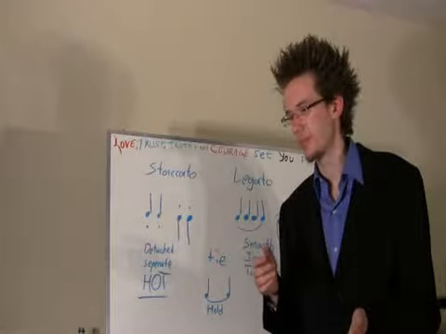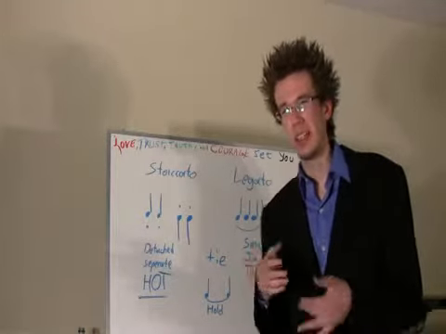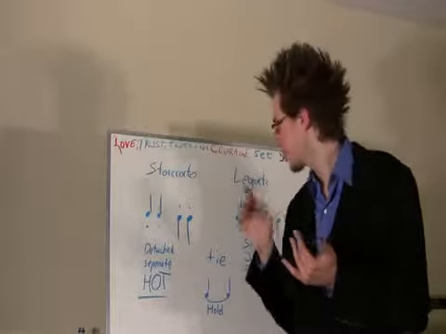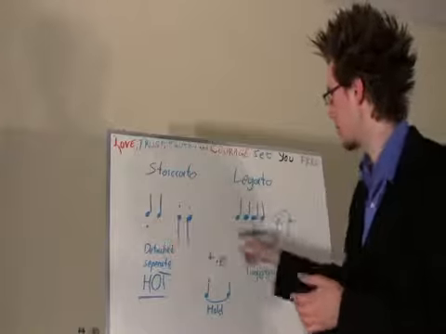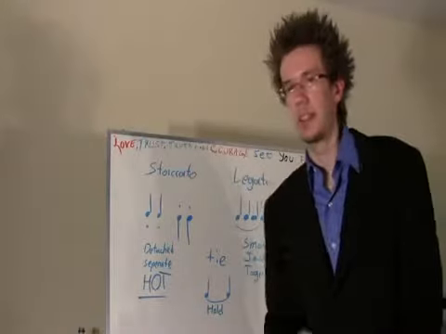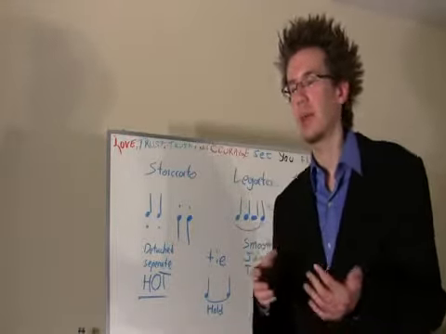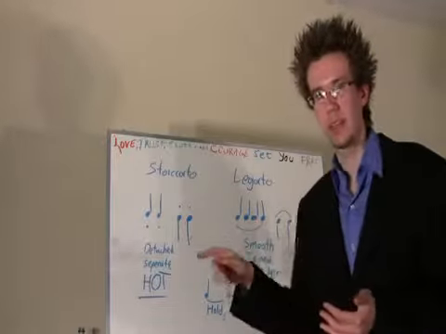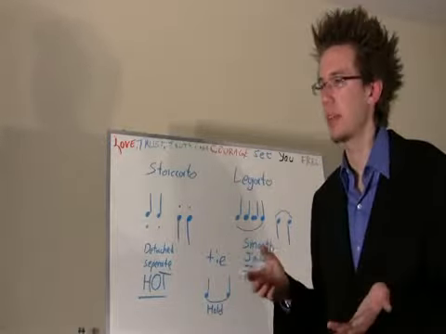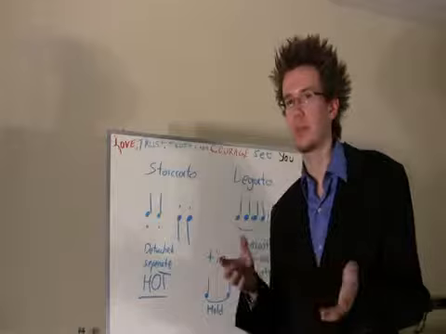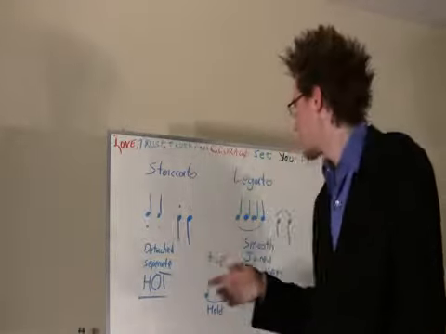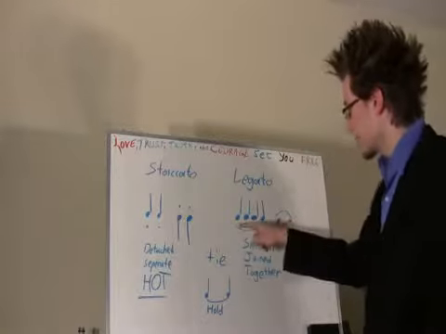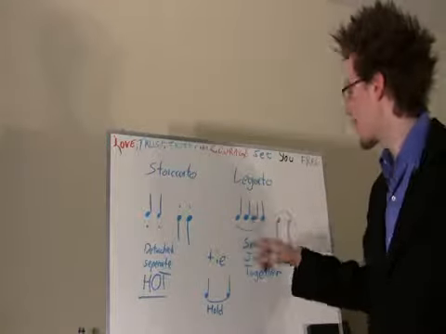You can generally think that if you don't see a staccato mark or a legato mark, then you'll probably want to play it legato. Or staccato, it's up to your choice of what you like, but generally you're going to go with legato. Now, this is called a phrase or slur.